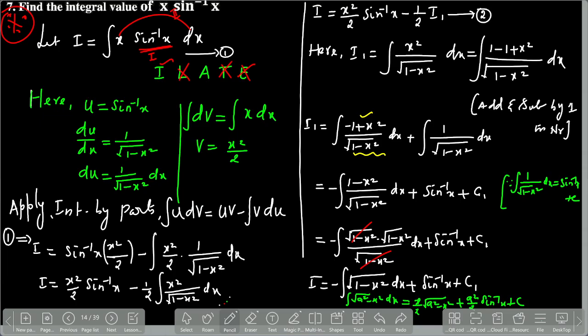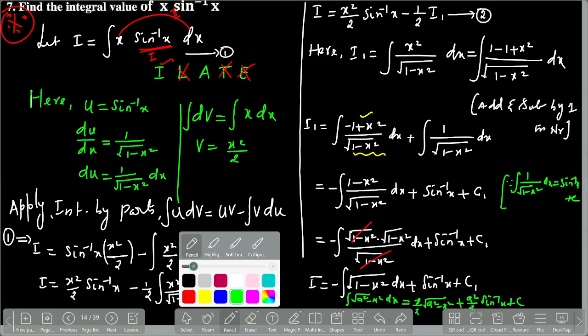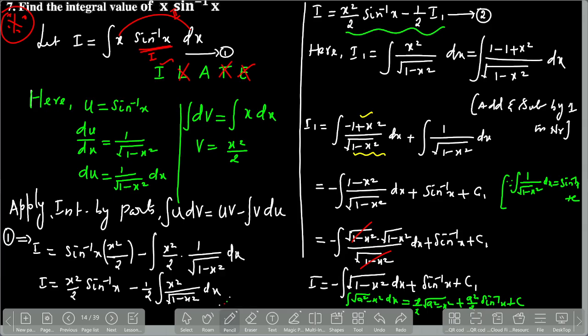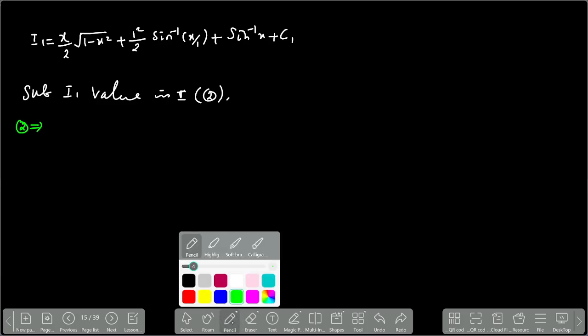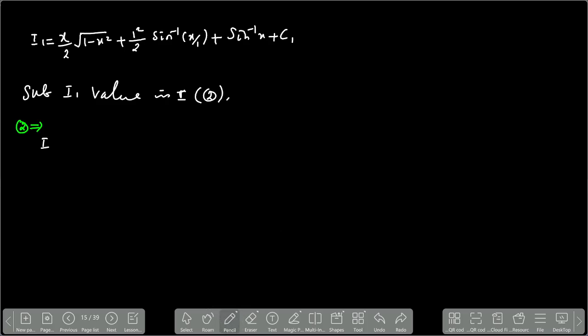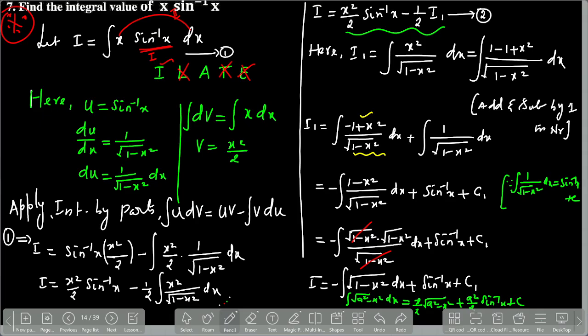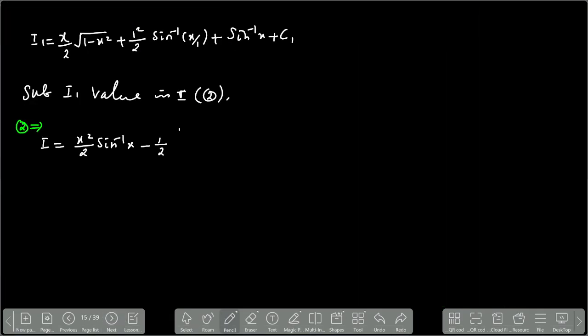Equation number 2 is x square by 2 into sine inverse of x minus 1 by 2 into I1. Then finally it becomes I equals x square by 2 into sine inverse of x minus 1 by 2 into I1.